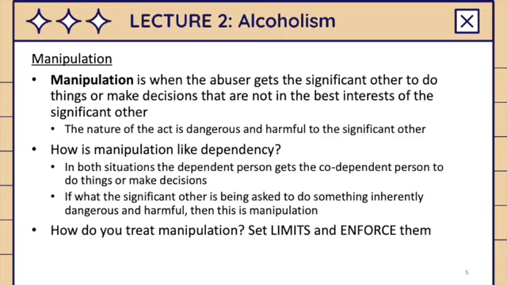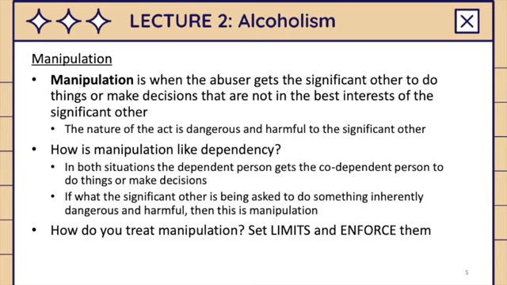Look at what they're being asked to do. If what the significant other is being asked to do is neutral, no big deal, no harm done, no harm, no foul, it's simply dependency, codependency. If what the significant other is being asked to do is inherently harmful or dangerous to the significant other, that person is being manipulated.